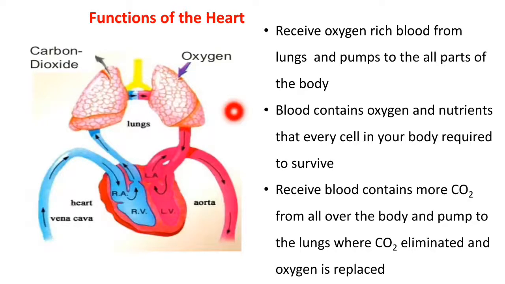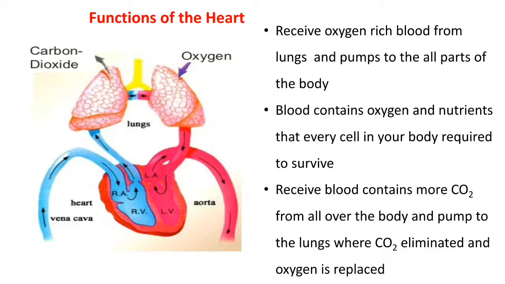So it receives the oxygenated blood from the lungs and pumps it to the arch of the aorta and descending aorta, and it is supplied to all parts of the body. So the blood containing oxygen and nutrients is supplied to every part and every cell in the body. These are required in order to survive.